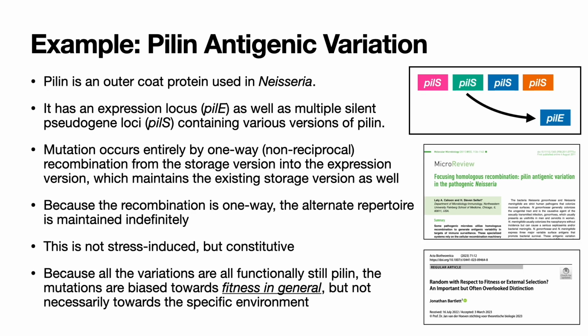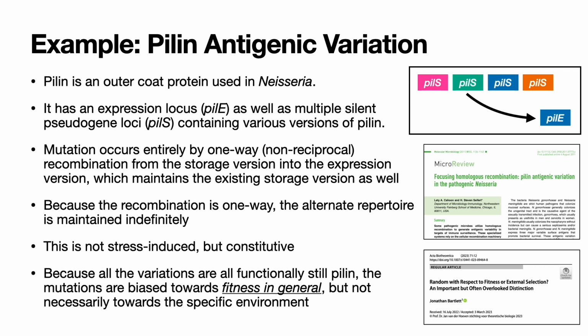An example of this is pilin antigenic variation. Pilin is an outer coat protein used in Neisseria. It has an expression locus, pilE, as well as multiple silent pseudogene loci called pilS. And these pseudogene loci contain different versions of the pilin gene.